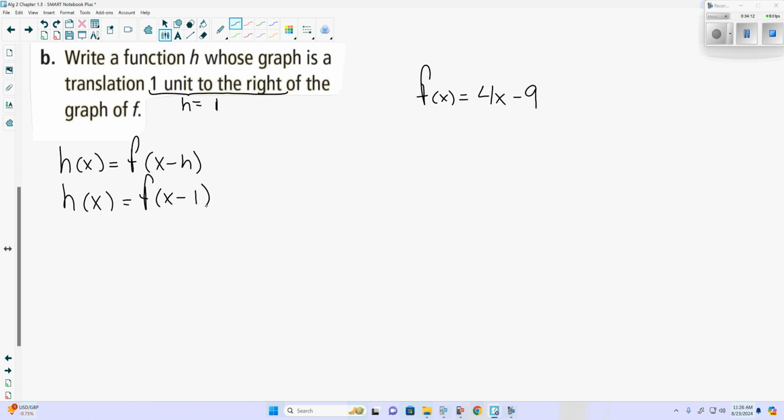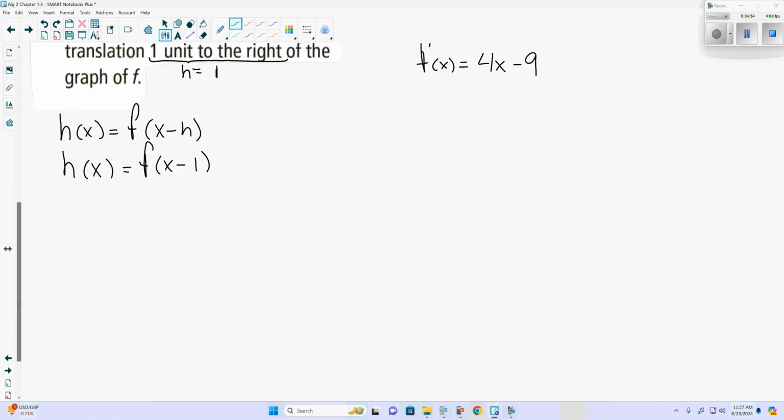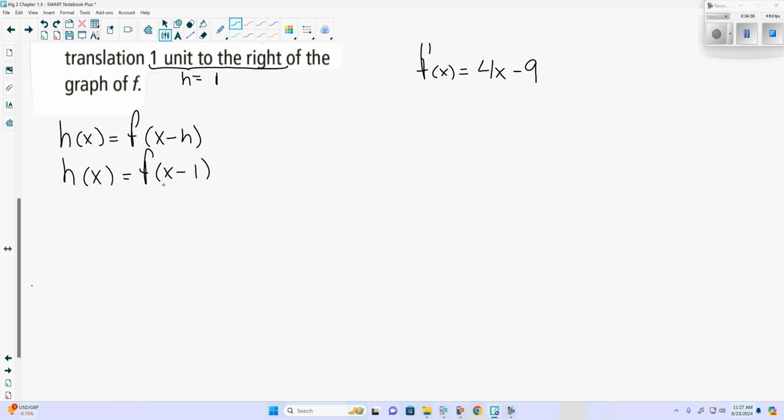Again, that kind of opposite direction with left, right. Because it is indeed going right, h is indeed positive. But once we put it into this form, it now looks negative, yes? Questions on this here? So like the one we did previously, we now need to get our function. Well, now we have f of x minus 1.